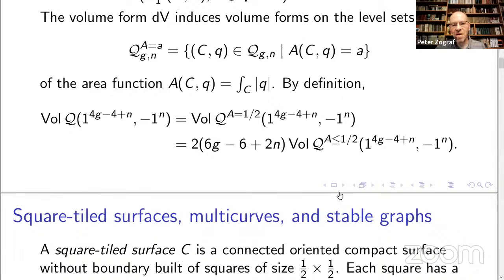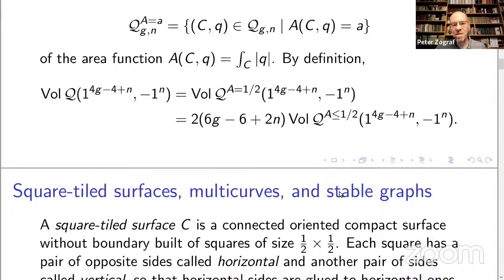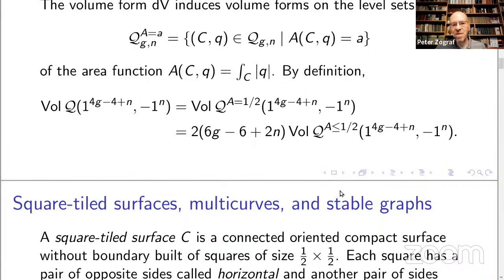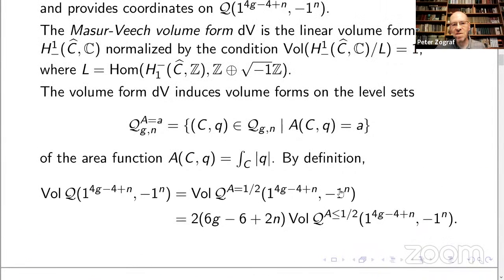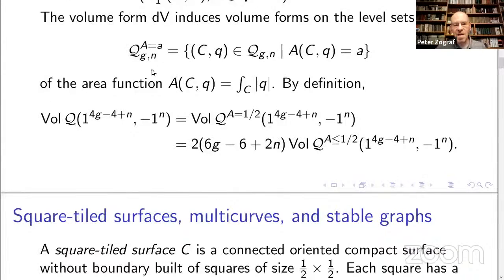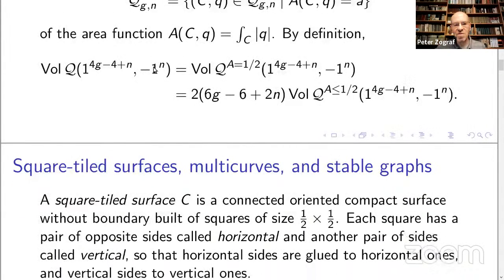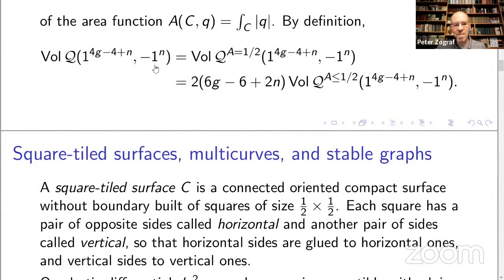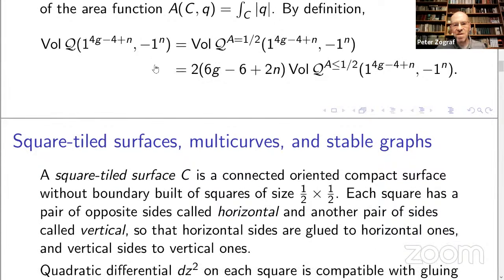So now I would like to establish a correspondence between the points in the lattice L that was defined here, and the so-called square tile surfaces. The square tile surface is a connected oriented compact surface without boundary, built of squares of size 1/2 by 1/2.